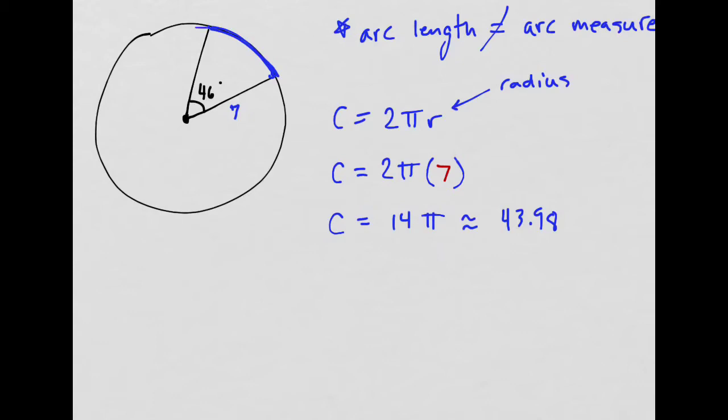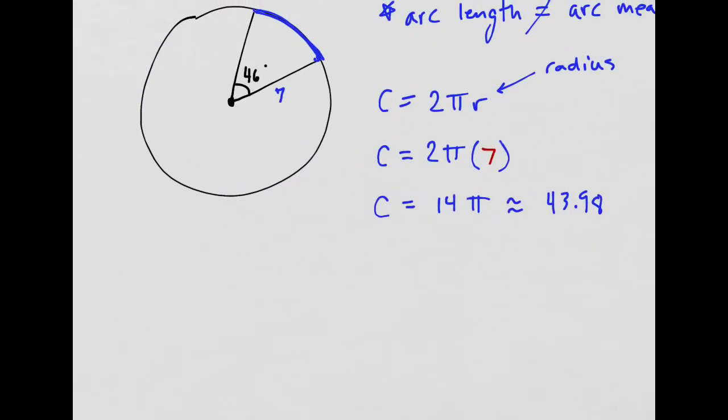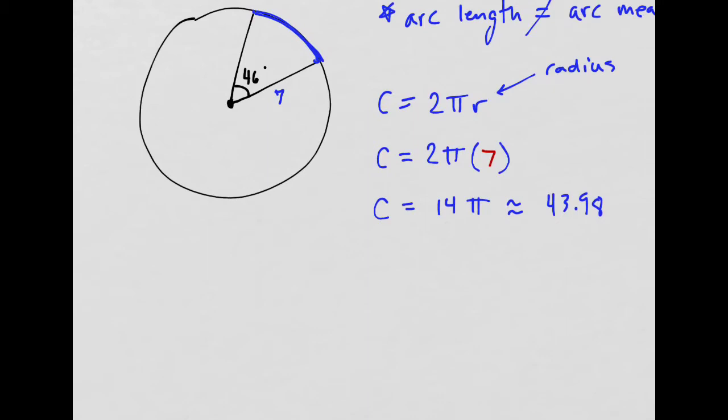So the entire distance all the way around is 14 pi, but I don't want the entire distance. I only want this distance, and it's a fraction of the entire distance. And I know that in the entire circle there's 360 degrees, but I'm only looking at 46 out of those 360 degrees.